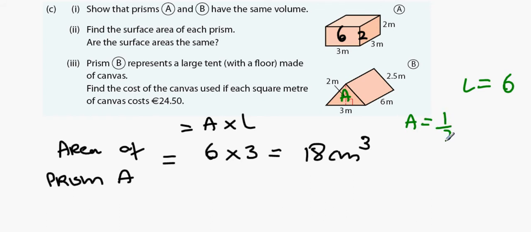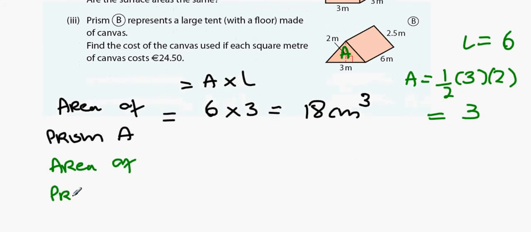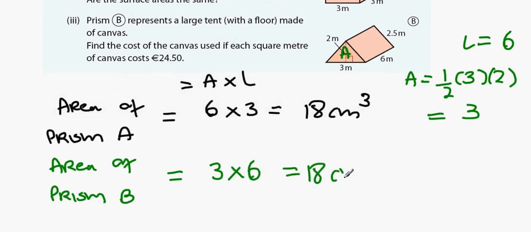The base is 3, and the height is 2, and this is going to give us 3. So volume of prism B is going to be just 3 multiplied by 6 equals 18 centimeters cubed. So they both have the same volume.